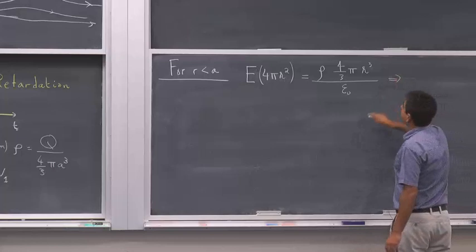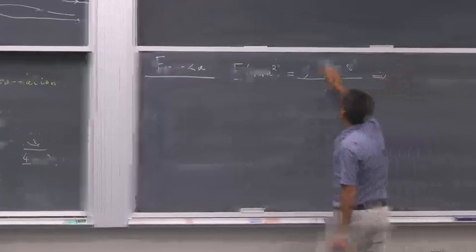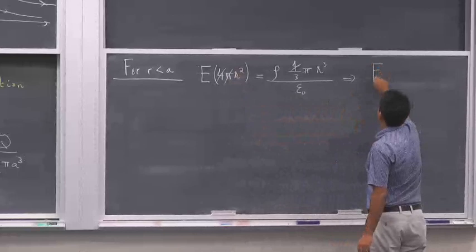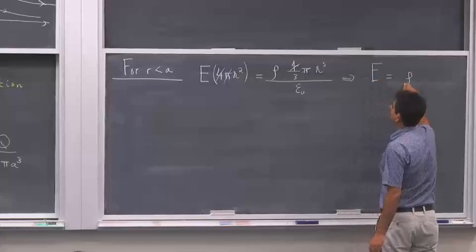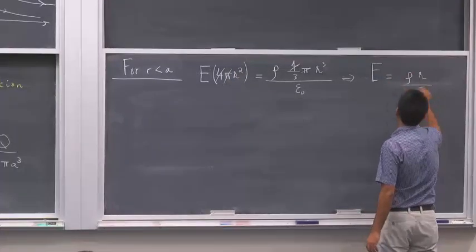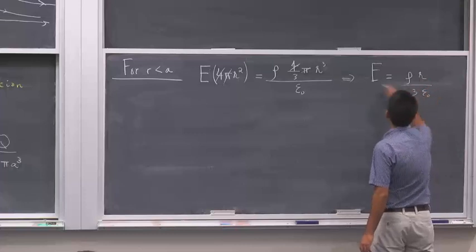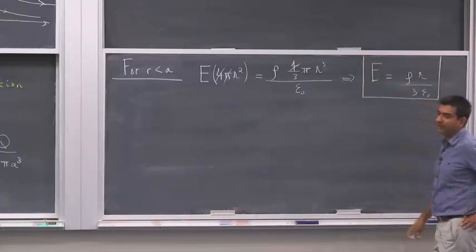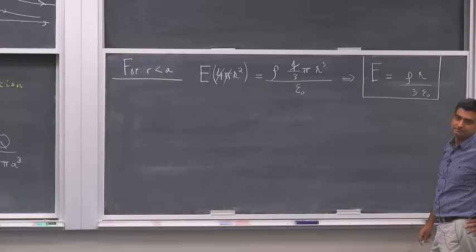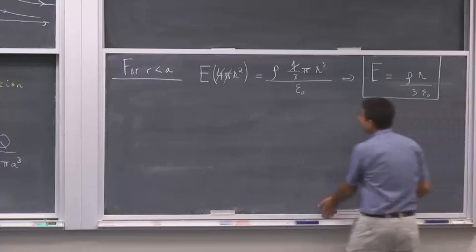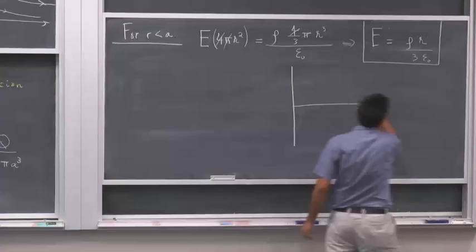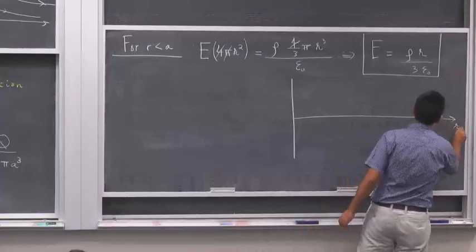Which means that the electric field is rho r over 3 epsilon naught. Nice. So now I would like to plot the electric field versus the distance from the origin.